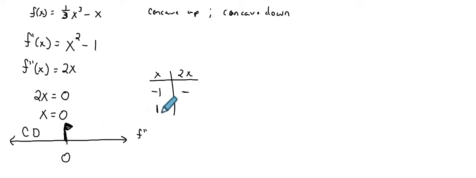Let's try 1. Well, 2 times 1 gives me a positive value. And a positive second derivative, we learned on the last slide, means it's concave up. So these are my intervals. My function is concave down, then concave up from this point of inflection. So now we know it does switch from concave down to concave up, so this is a point of inflection.